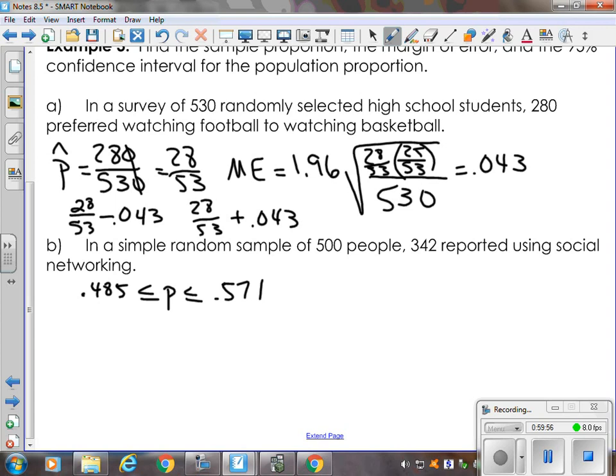Or you could leave it these numbers. It might, in a sentence, be harder to describe these numbers, but these are the actual probabilities. So the probability within a 95% confidence interval that you watch more football than basketball is 0.485 up to 0.571. That's not a real great probability, is it?